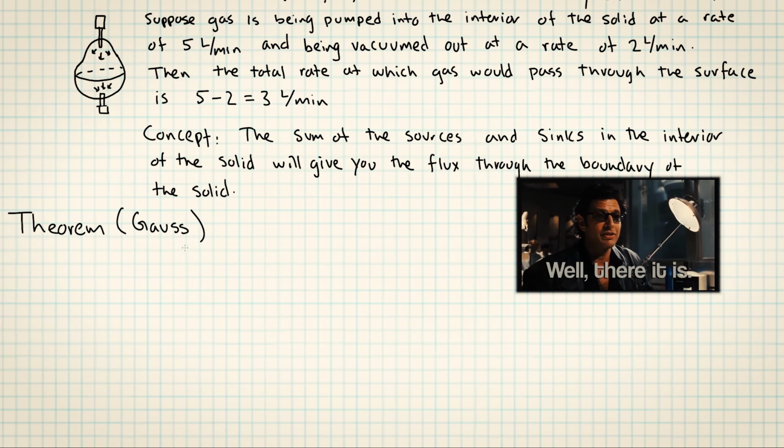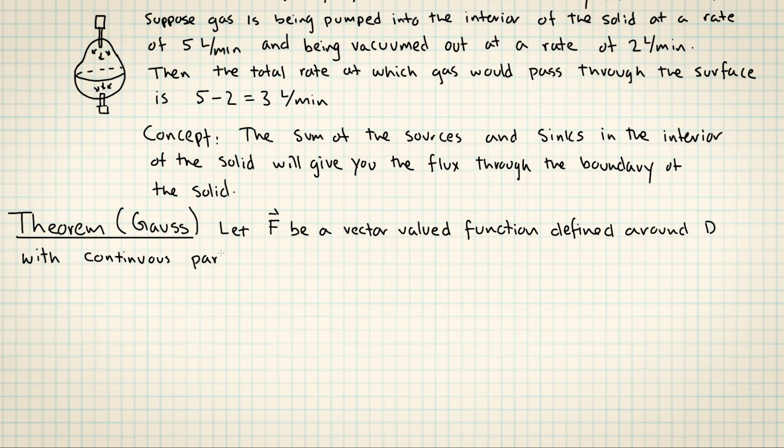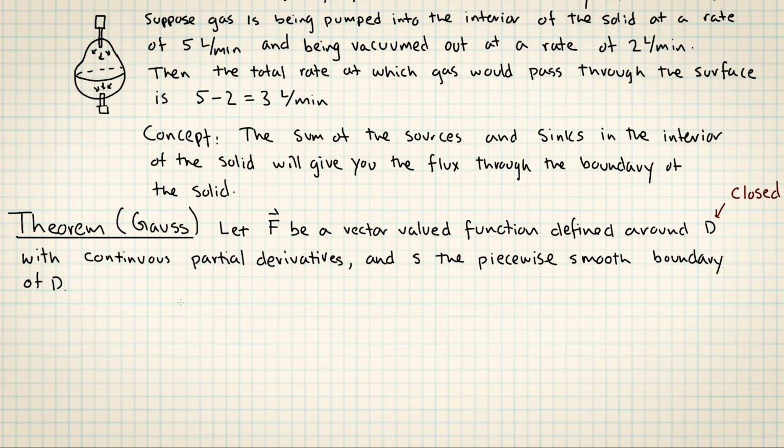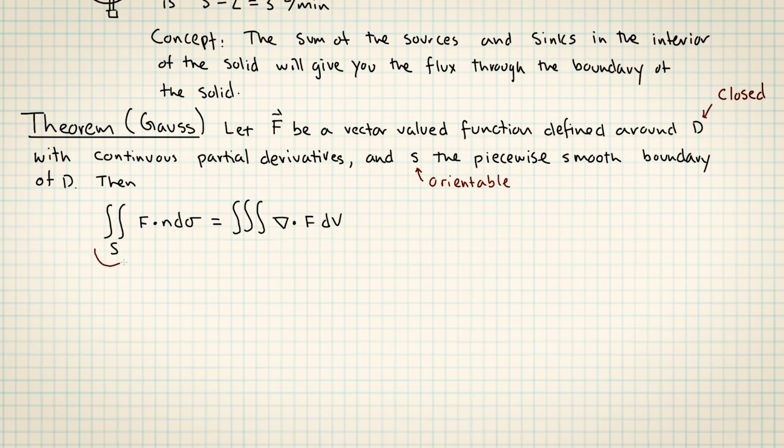Okay, and here it is. So that concept just leads us directly into Gauss's divergence theorem. So we're going to consider an appropriately smooth function and an appropriately nice solid with an appropriately nice boundary. So we have to satisfy all the assumptions in order for this theorem to work. On the left-hand side of this equation, I have a surface integral, and this is the projection of the force field onto the vectors that are normal to the boundary.